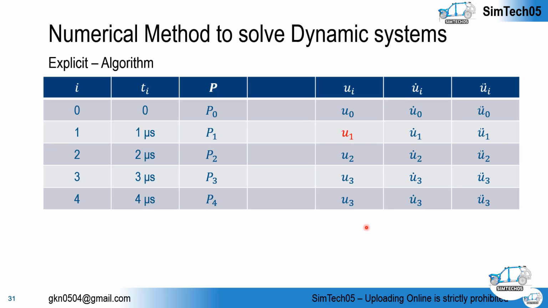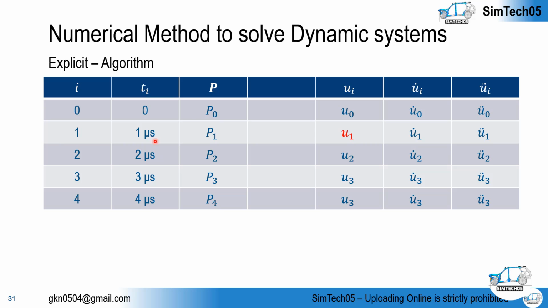So in this slide we will understand how the explicit algorithm actually works. Here we have increments, 0th increment, 1st increment and so on. The time step, of course, is not that constant for each increment, like 1 microsecond, 2 microsecond, that may vary.